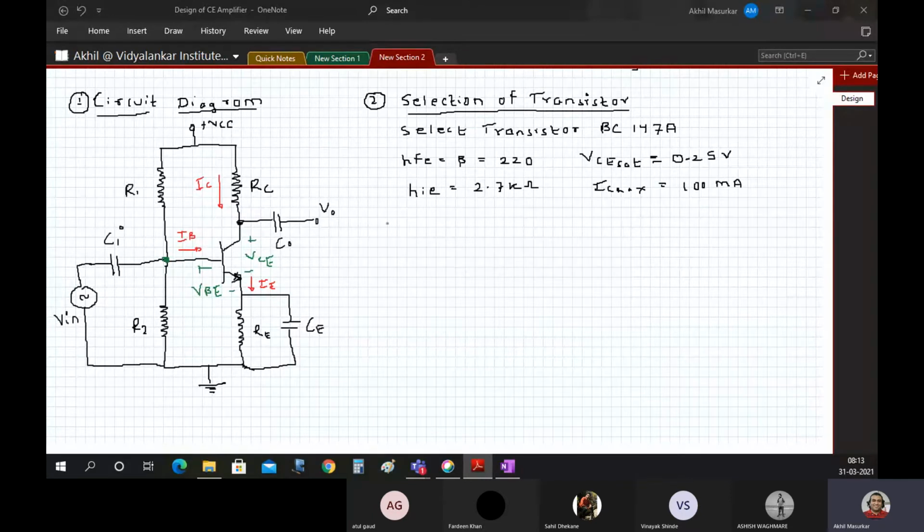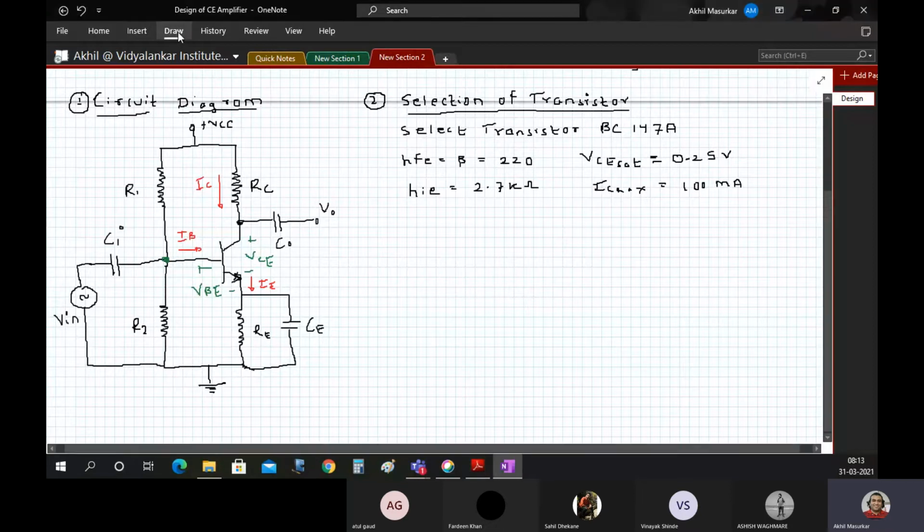Once you are done writing this, just write done in the chat box. Any doubts till this point, please ask. Now from where did these values come? These values come from data.